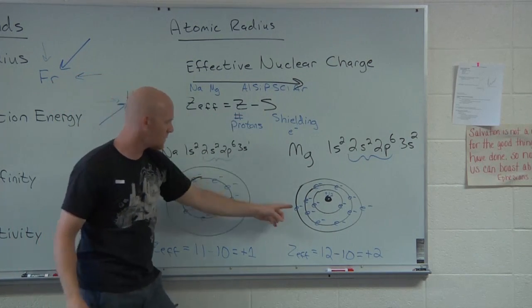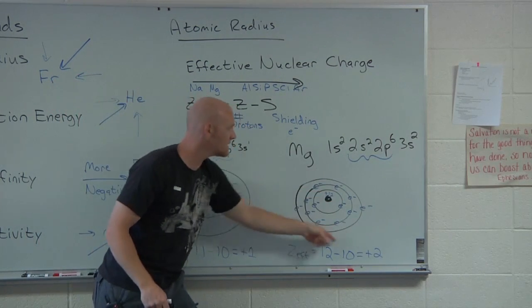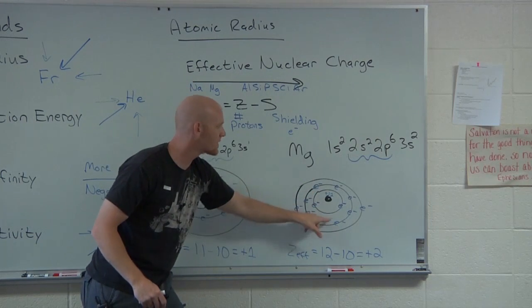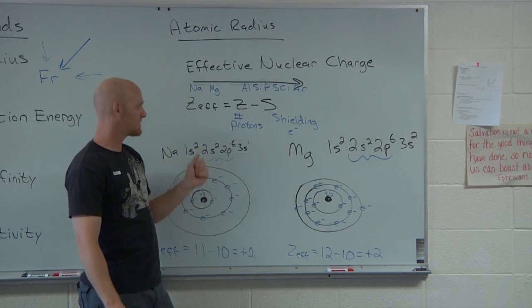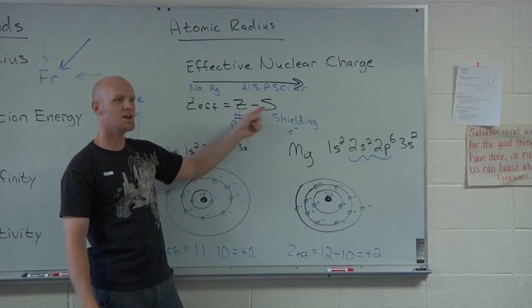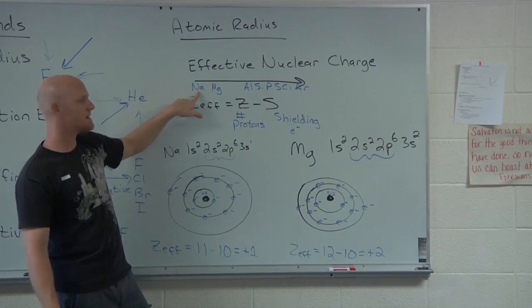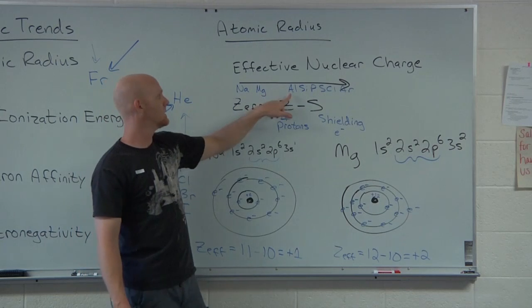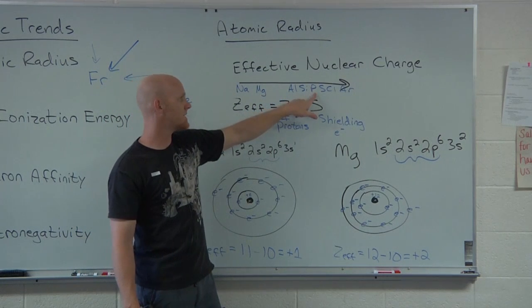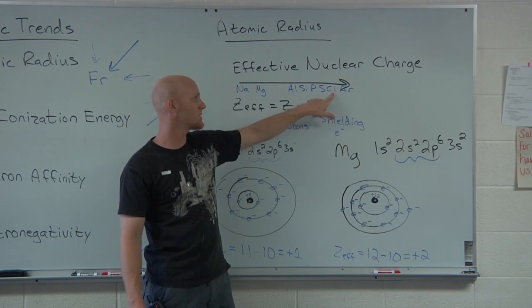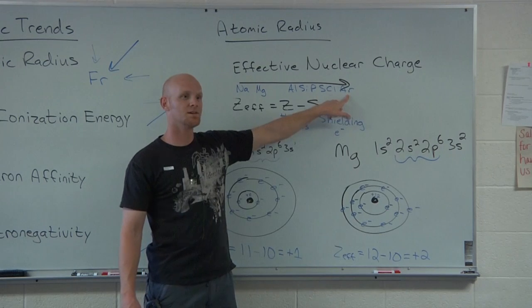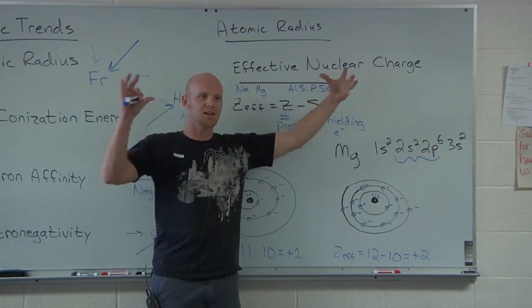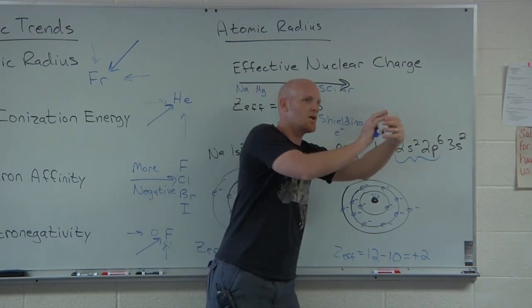But because you're just adding more electrons into that outermost shell, you're not adding any more core electrons all the way across. And so as the Z value is going up, the S value is not changing. And so here, sodium's effective nuclear charge on the valence electron, +1. Magnesium, +2. Aluminum +3, silicon +4, phosphorus +5, sulfur +6, chlorine +7, argon +8.